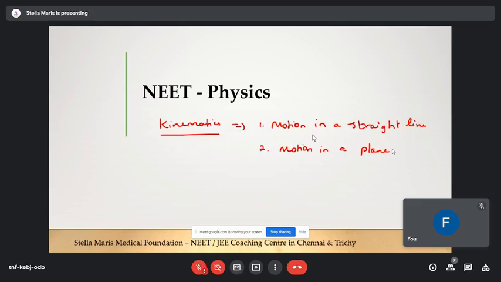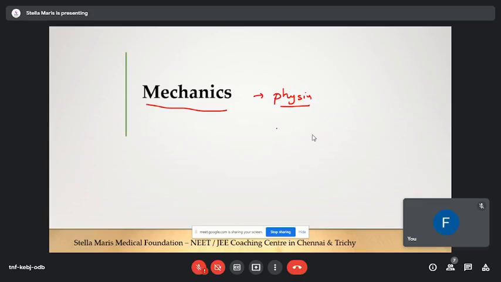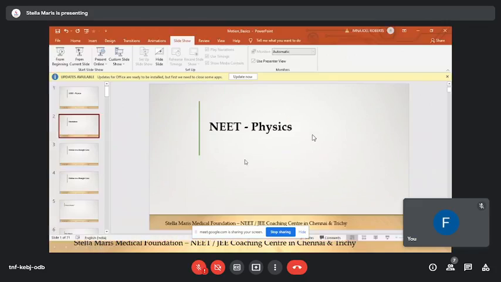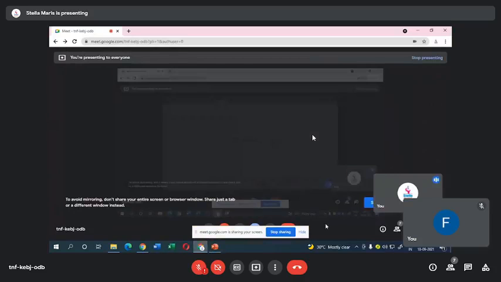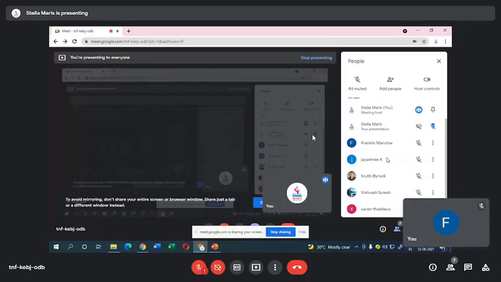It is with some moving objects, sir. Yeah, like motion. When we say motion, it involves the motion of an object, right? Whenever we say motion, it involves some motion of an object. Thank you, Auxilia.